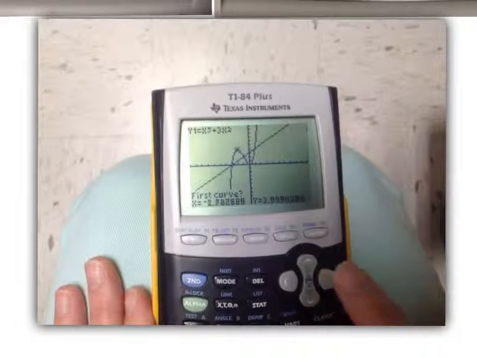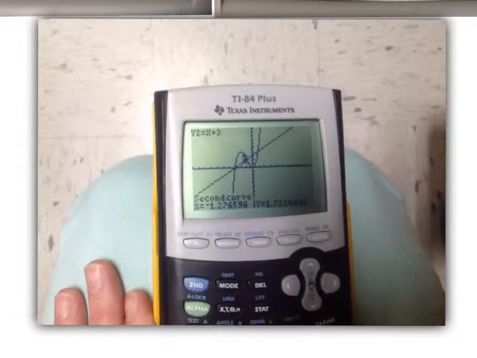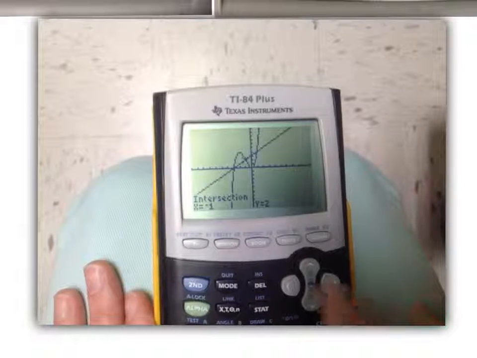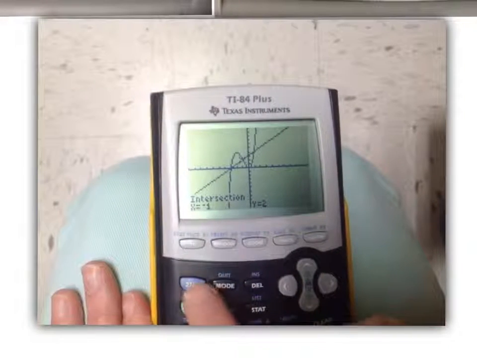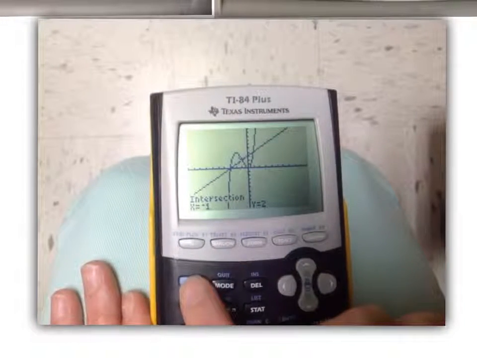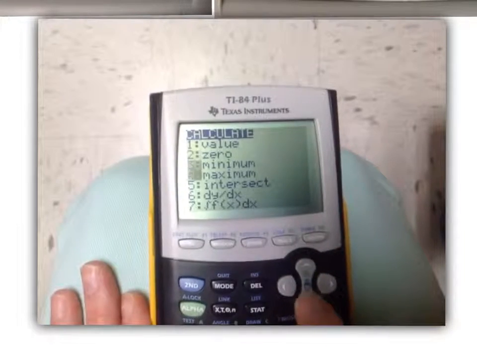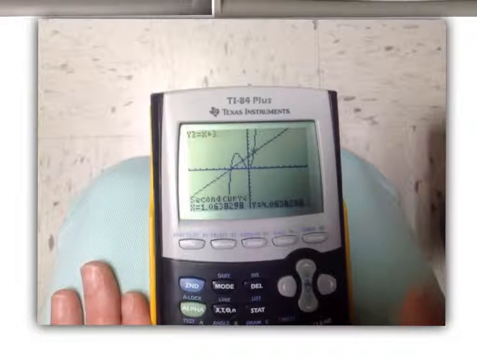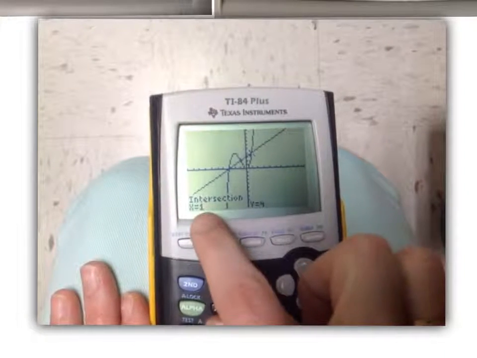And then go back and do it again. But now I'm going to go for that middle point. So I arrow until my little dot is closer to the middle point. And you get -1. Go for the last point. Get the calculator closer to that so it will actually look close to that. And I got 1.